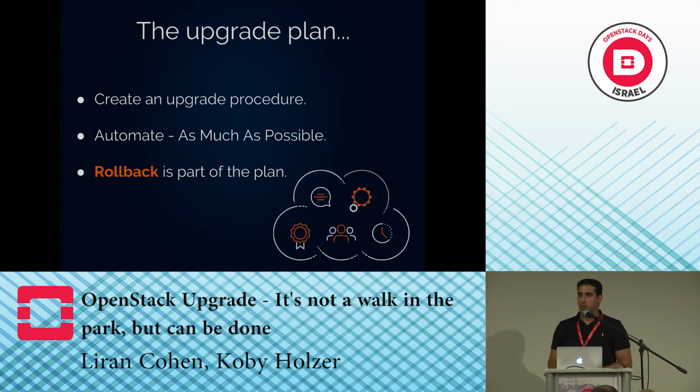And the most important part, you should include the rollback as part of your plan. You should consider that with any automation available, and on each step, you should automate the rollback where you can afford to.